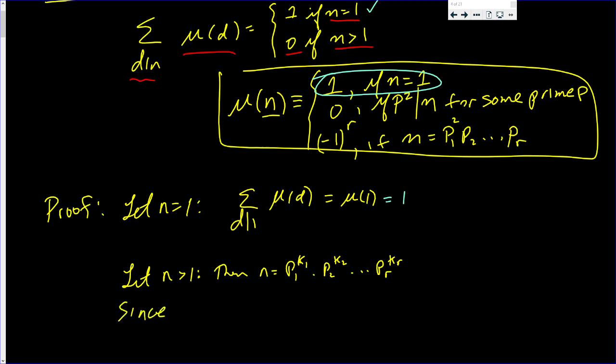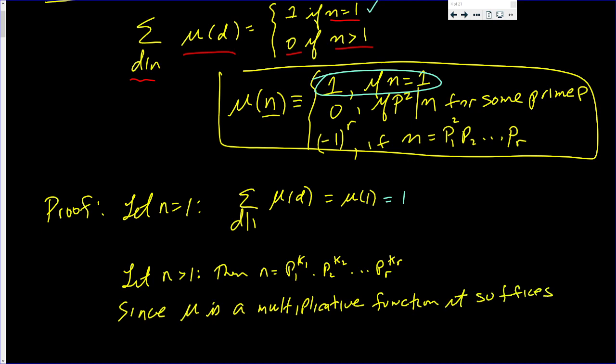Since mu is a multiplicative function, it suffices to show the result holds for n equal to just p to the k.